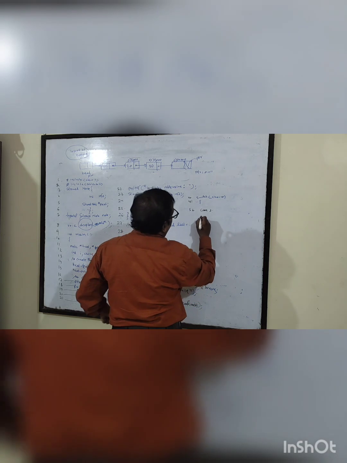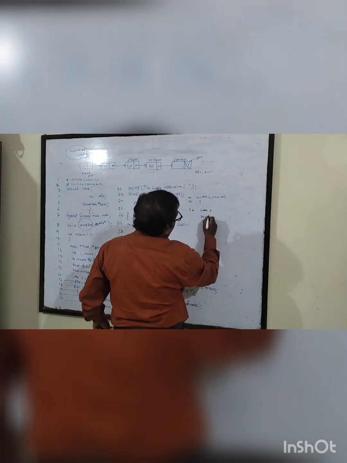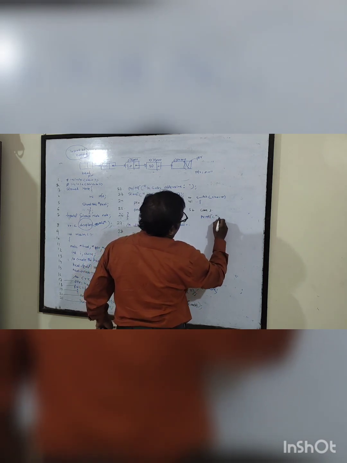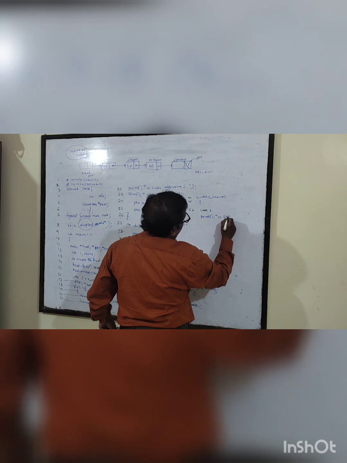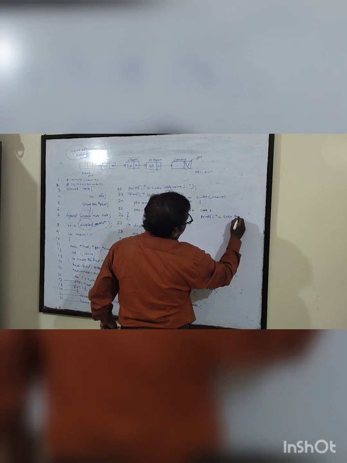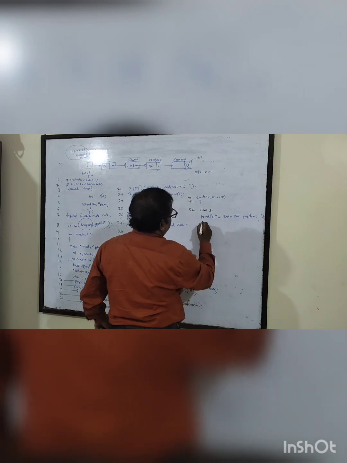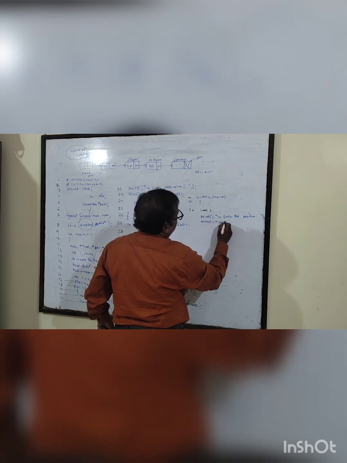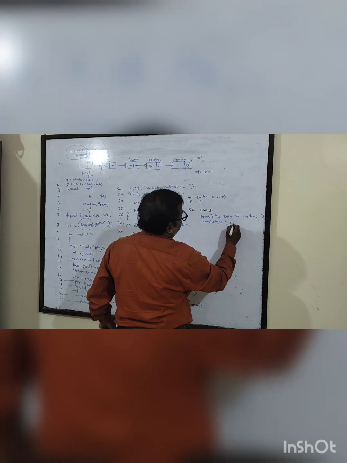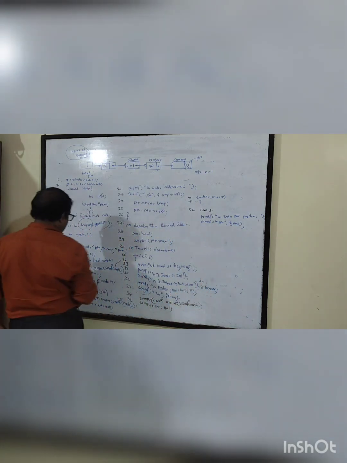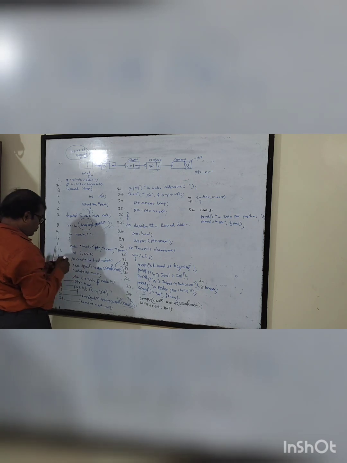Print, enter the position. Then scanf with percent d and the address of the position. So one more variable name has come here, and it is called position.